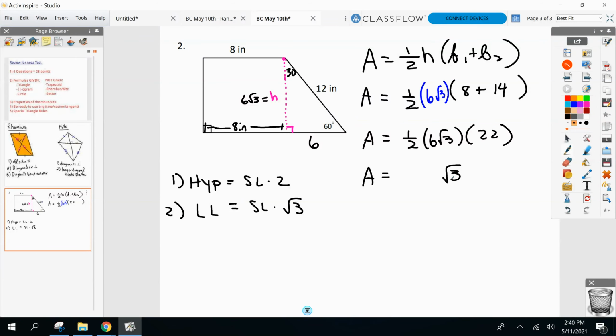So I'm going to do 1/2 times 6 times 22. Multiply all those together, we're looking at 66. Then make sure we have units: square inches. I can multiply everything but whatever's with the radical I just put in the answer. So here is simplest radical form. Good question there. Good find too.